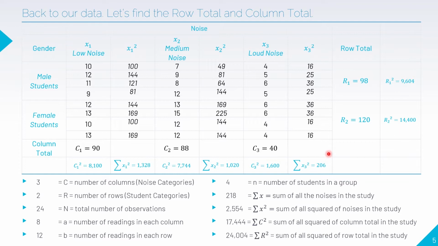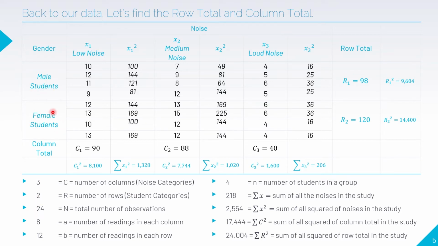In this case, we need to find these values too. Our C is equal to 3 because it is the number of columns, which is the noise category. We have 3: the low noise, medium noise, and the loud noise. In our R, the number of rows, the student categories, we have 2: the male students and the female students.